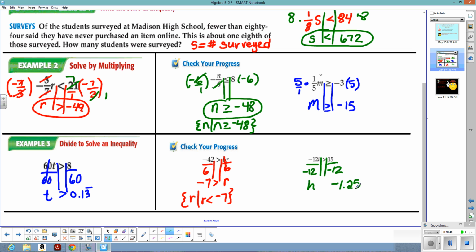And would we flip it this time? You betcha we would flip it, because we divided by a -12. Now, in the fancy set builder notation, all real numbers h such that h is less than -1 1/4.